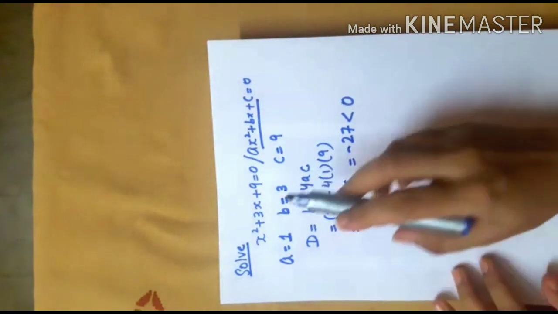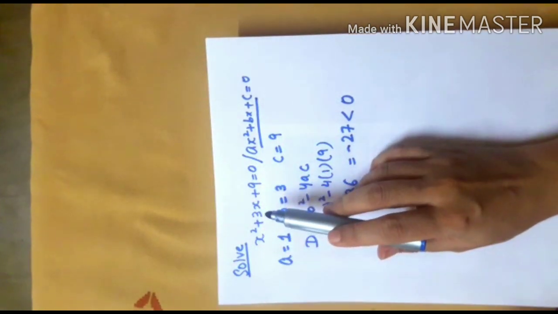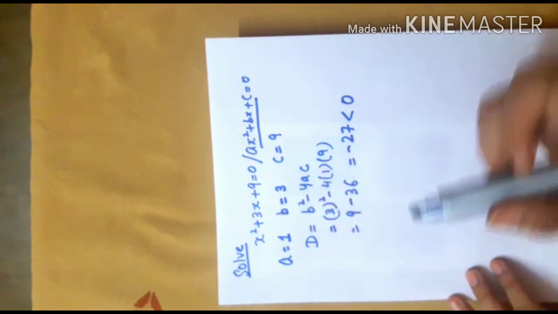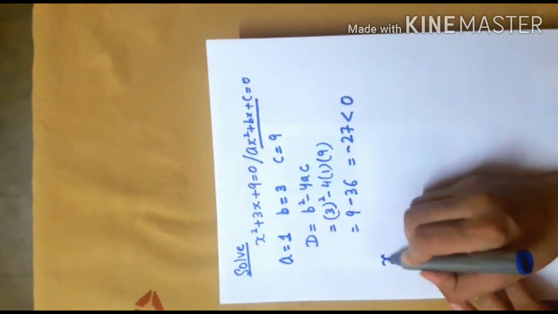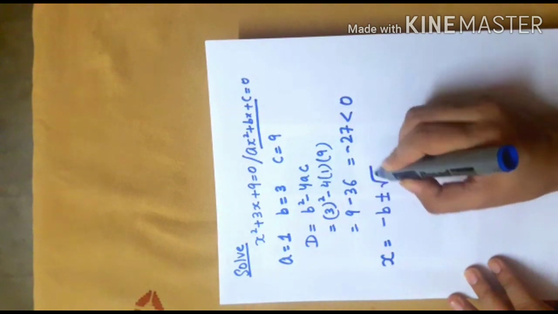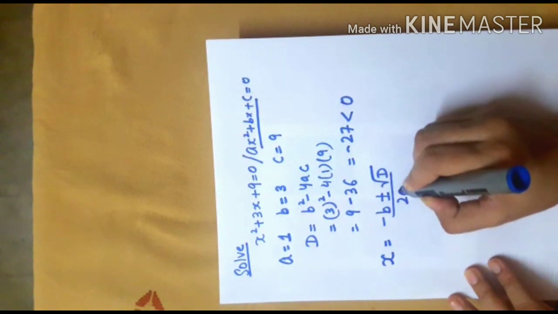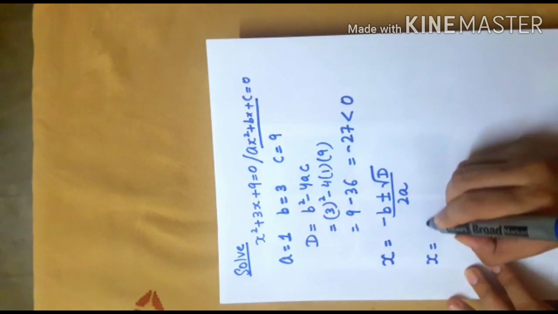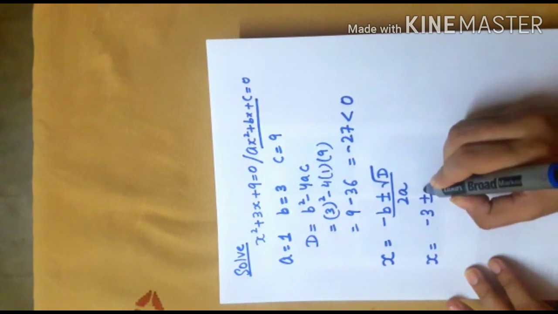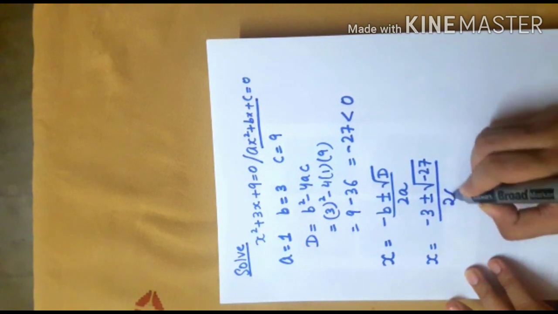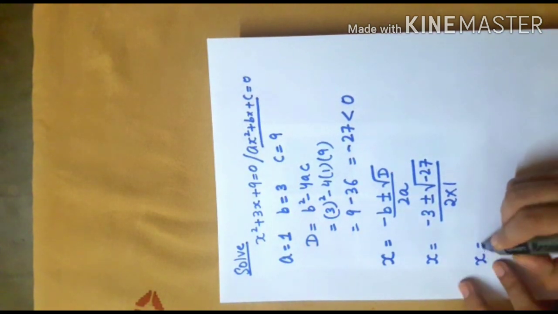So the roots of this equation will exist in the set of complex numbers, that is imaginary roots. So roots are given by, the variable is x, minus b plus minus root D over 2a. So x will be negative b, minus 3, plus minus square root of minus 27, over 2 into 1.